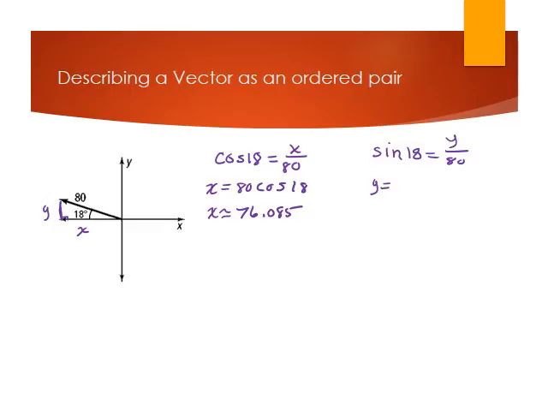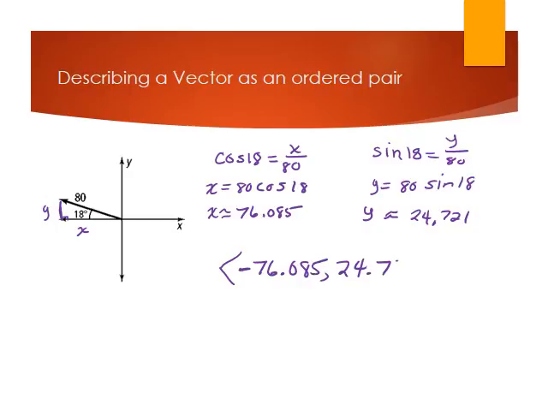So y is equal to 80 sine 18, and that is approximately 24.721. Now, to write it as my ordered pair, we're in the second quadrant, so my x value is negative, so negative 76.085, and my y coordinate is positive, so 24.721.